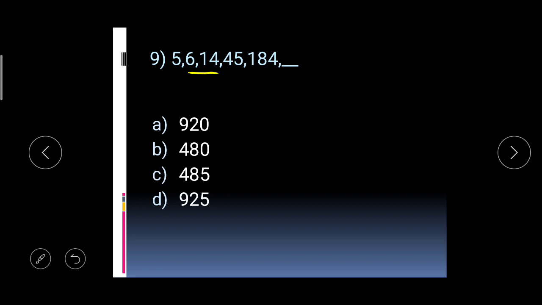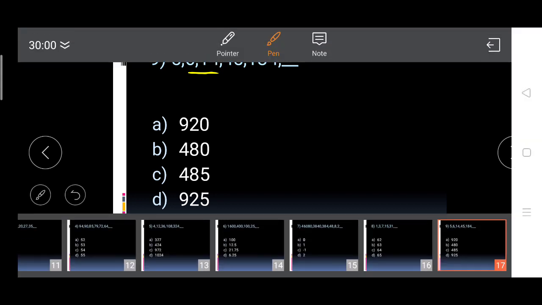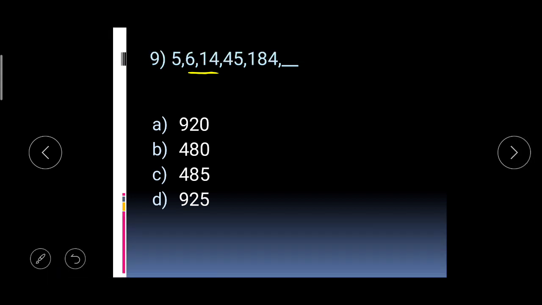See, 14 is more than double of 6. 45 is more than triple of 14. 184 is more than 4 times of 45, right? So let's see how much these numbers are more than each successive number, right?